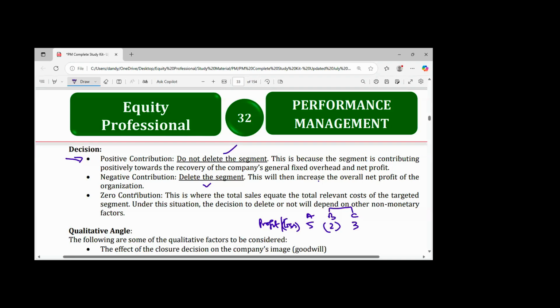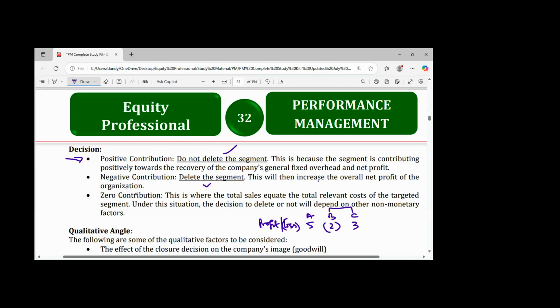So they begin to say all sorts of negativity about the company on social media or anywhere. So before the final decision is taken, it is important to consider the effects of that closure decision on the company's reputation.